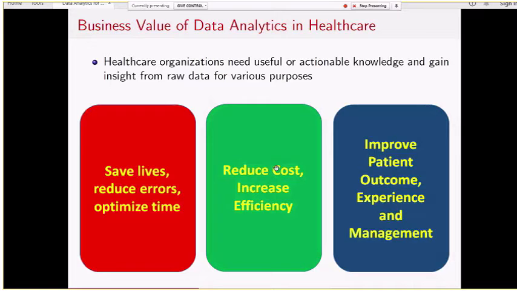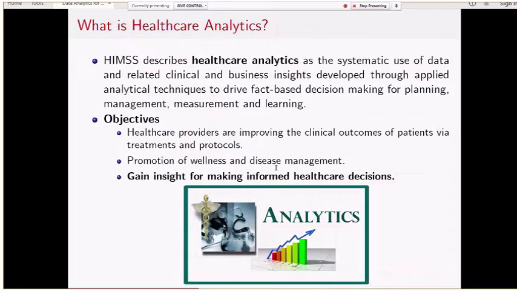In the healthcare domain, there are different business values of applying data analytics: to save lives, reduce errors, optimize time, reduce cost, increase efficiency, and improve patient outcomes, experience, and management as well. So what is healthcare analytics?